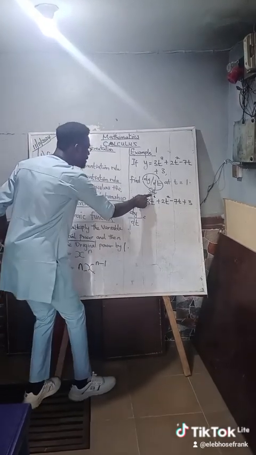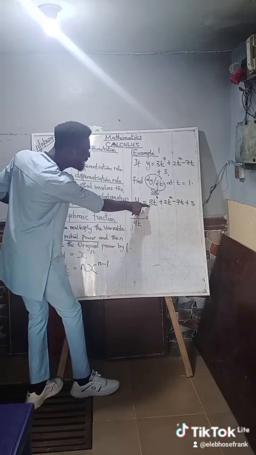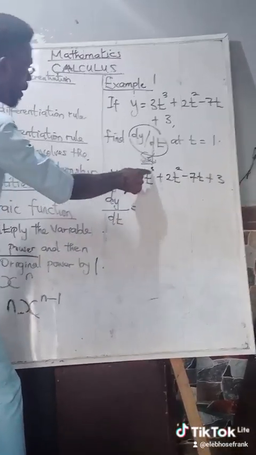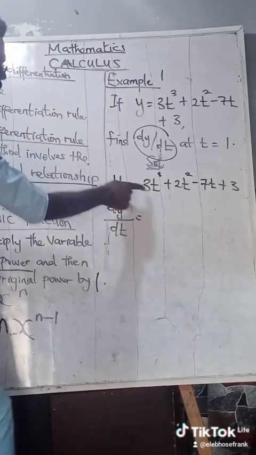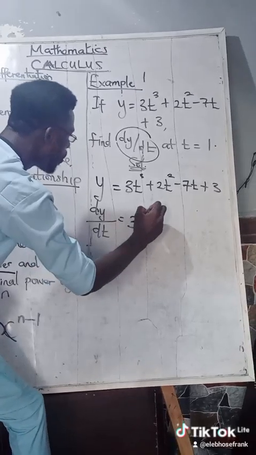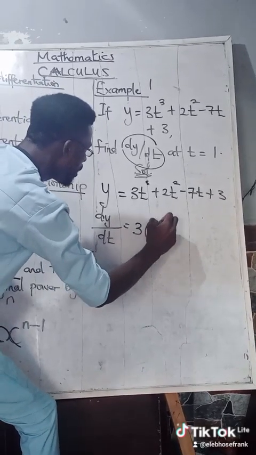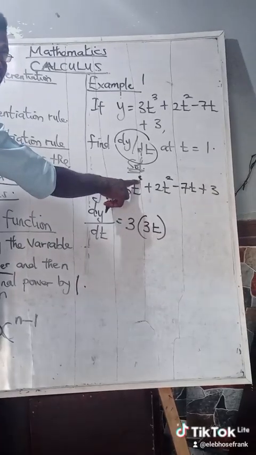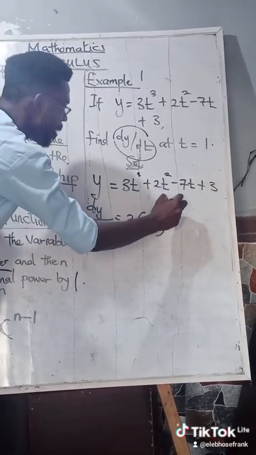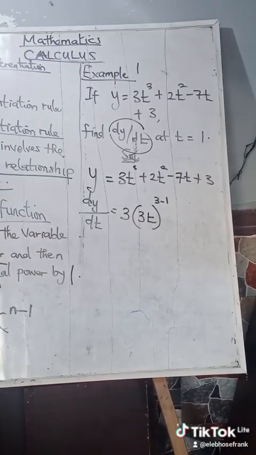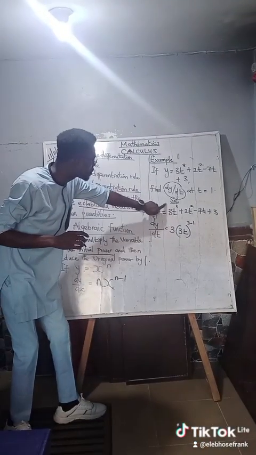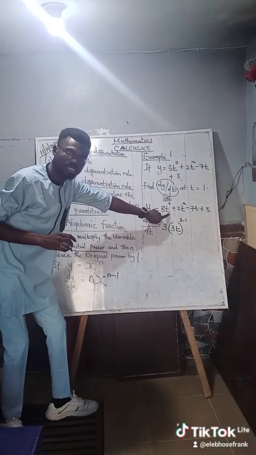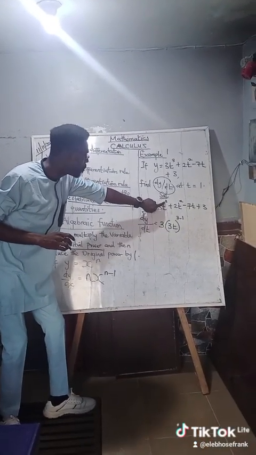So I bring down the 3 to multiply this 3t. I bring down the 3 to multiply 3t. Now I reduce the power by 1. What's the power? 3 minus 1. Did you get that? I bring the power to multiply 3t, then I reduce the power by 1, 3 minus 1.